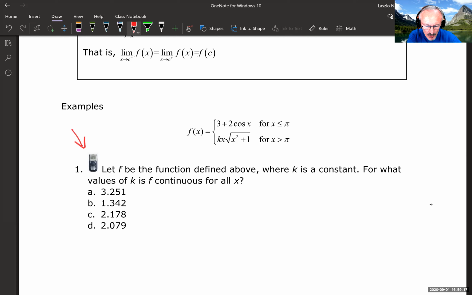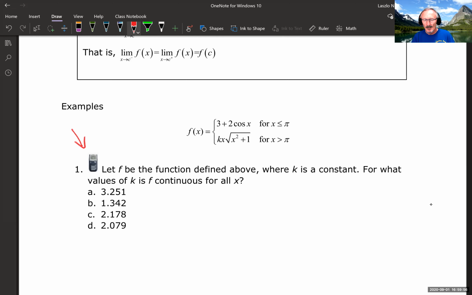And let's see what the question is. Let f be the function defined above where k is a constant. For what values of k is f continuous for all x? Okay, so if we look at this problem carefully, each part or partition taken one at a time, 3 plus cosine of x would be defined for all real numbers, and some constant k times x times the square root of x squared plus 1 would again be defined for all real numbers.